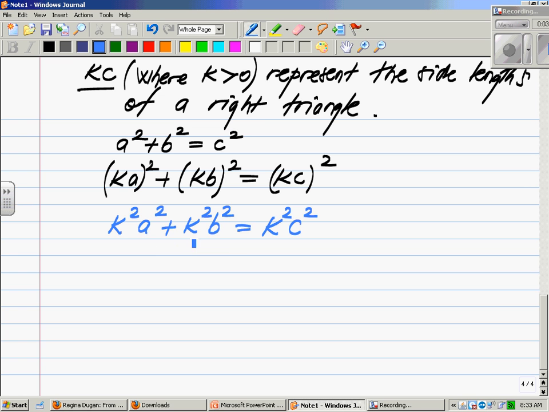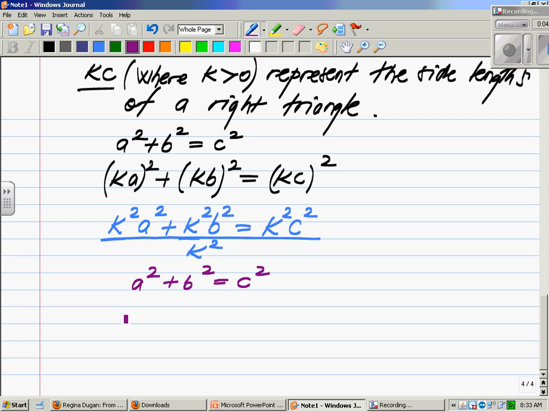So what do you guys notice here? I have k squared all over, right? I can actually factor out k squared from the left side, or I can divide right away the whole expression by k squared, right? So I should divide this one by k squared. What's happening here? K squared a squared divided by k squared will go away, right? So I have a squared plus b squared equals c squared.